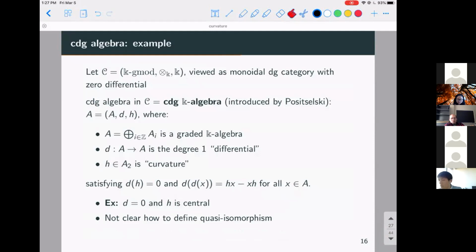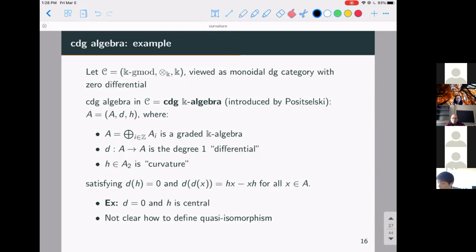Okay, let me come just a little bit down to earth. So, this is the classical example of a Cdg algebra as introduced by Positselski. If your monoidal DG category is graded K modules, viewed as a DG category with 0 differential, then a Cdg algebra in this monoidal DG category is nothing but, let's call it, a Cdg algebra.